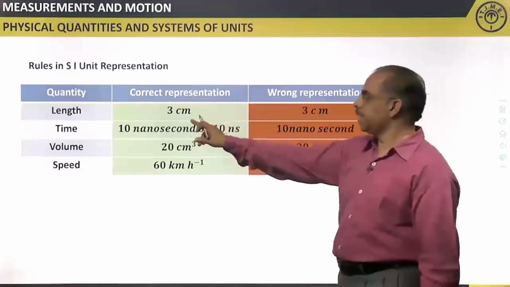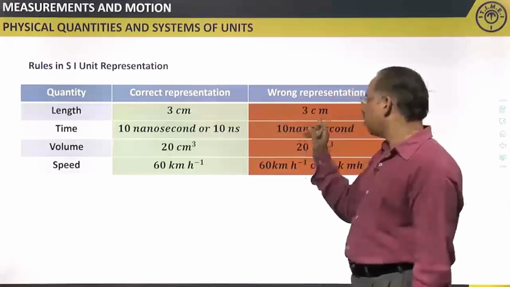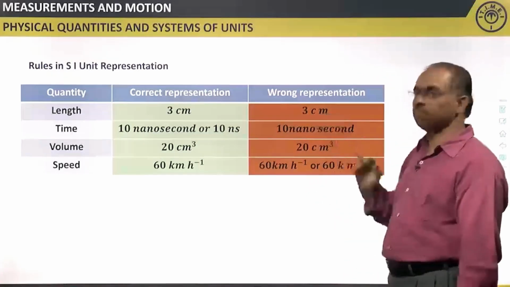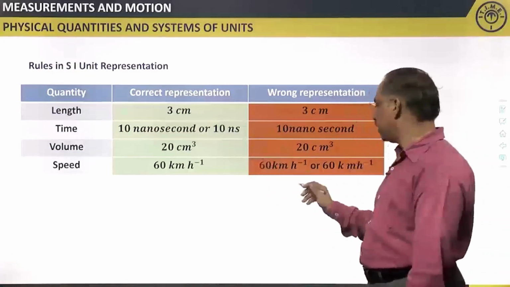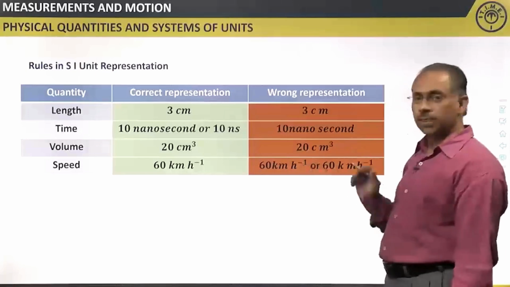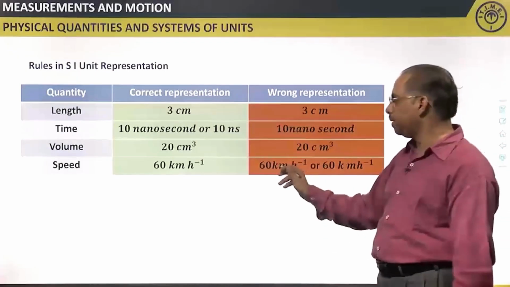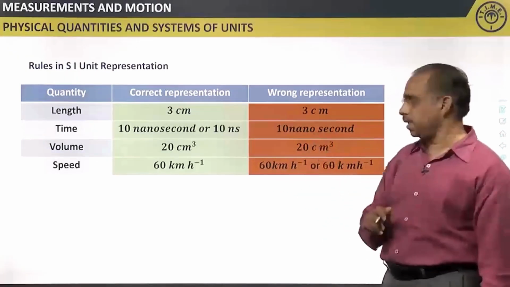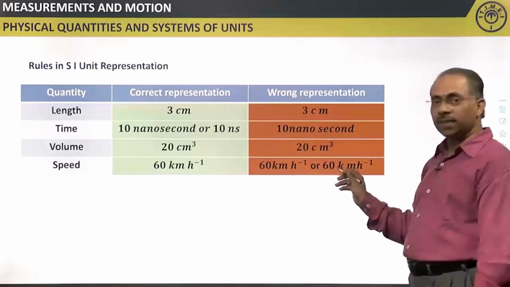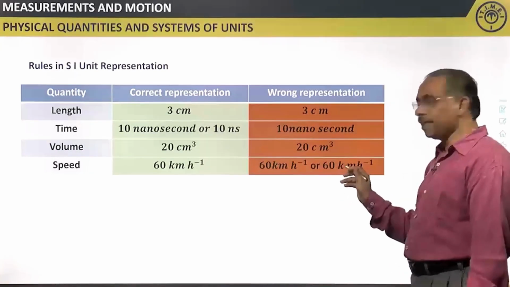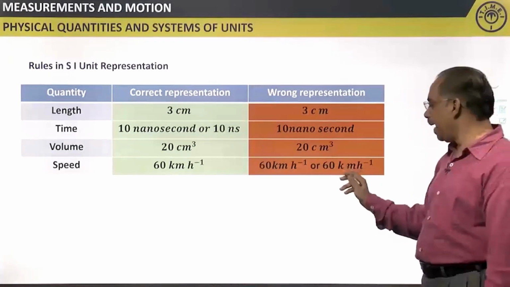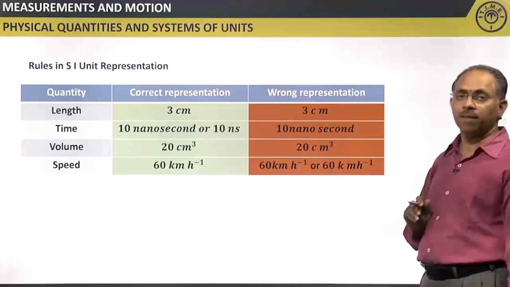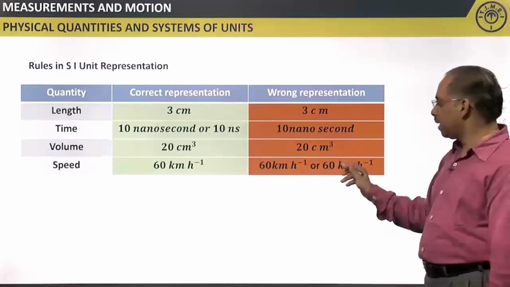So, when I say 3 centimeter, what is wrong over here? Between C and M, there is a space, that is wrong. And what is wrong over here? See, 60 km h power minus 1. There is no space between the 0 and k, that is a mistake. Or else, here between 0 and k there is a space, but you can observe very clearly, between k and m, there is a space as well.